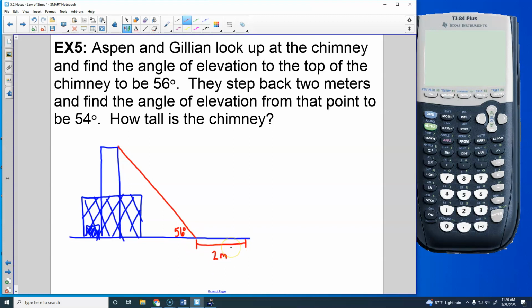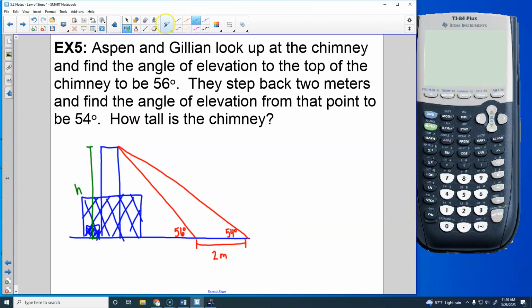It doesn't really matter as long as they measure how far they step back. They take a second angle of elevation right here, and they find it to be 54 degrees. We need to know how tall the chimney is. So what we're looking for is the height of this chimney, and we'll call it H.